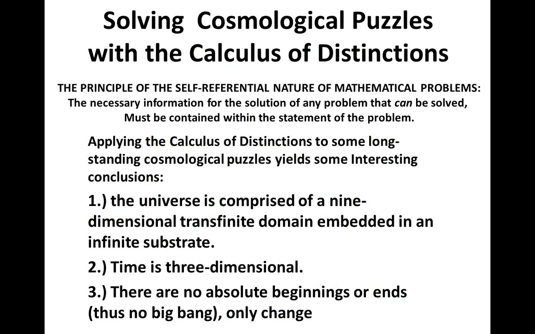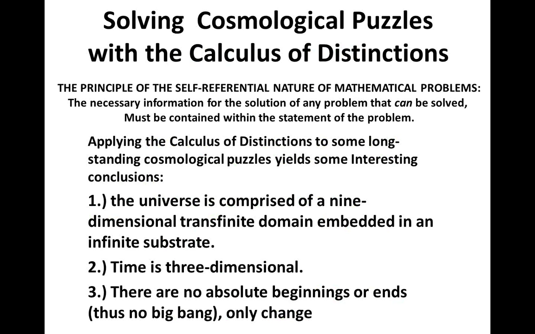Application of the calculus of distinctions renders many complex logic problems amazingly easy to solve. This makes it ideal for testing mathematical and scientific hypotheses. Applying the calculus of distinctions to long-standing cosmological puzzles yields some somewhat startling conclusions.